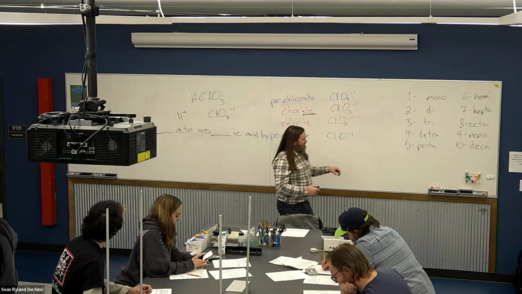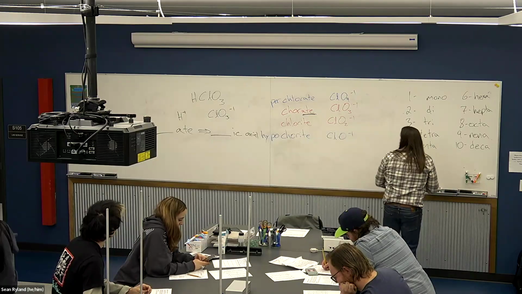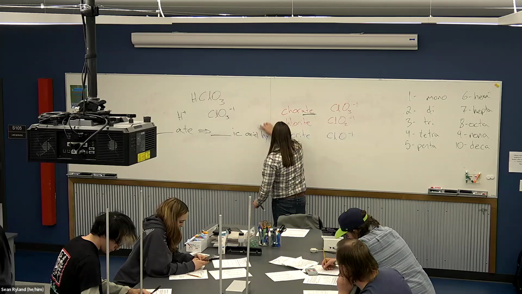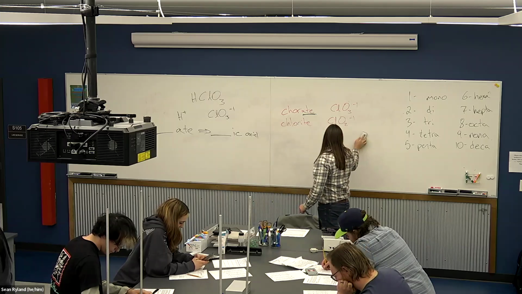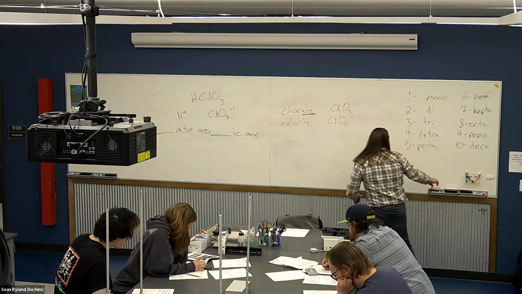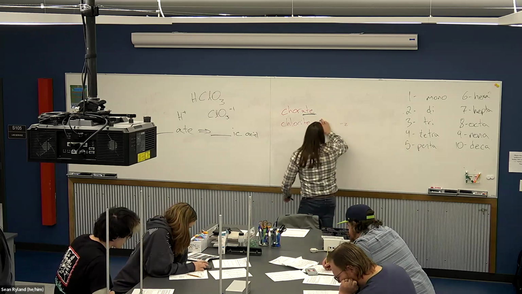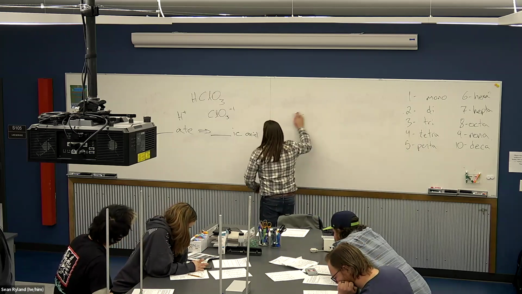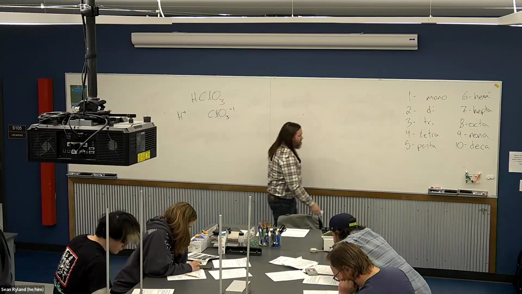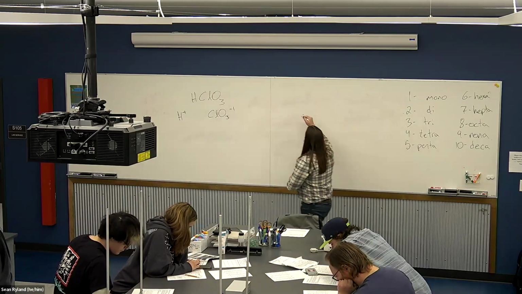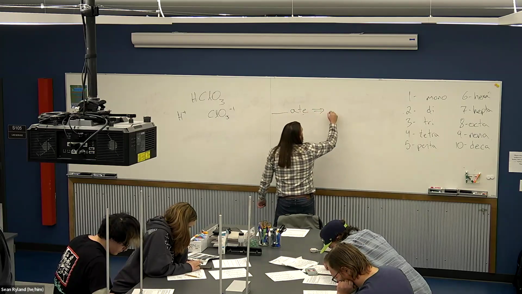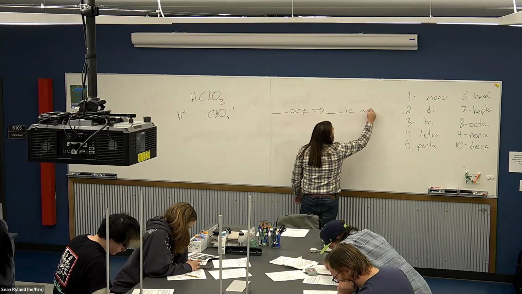The other possible suffixes that we can have: we can have ates, and that includes perchlorates. We can have ites, like chlorite. Actually, I'm going to clear this off so that I can write all of the acid rules together. So ate turns into ic acid.